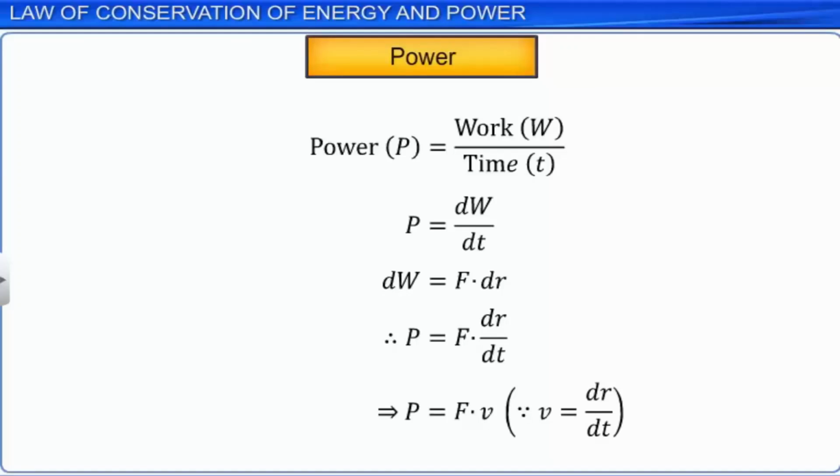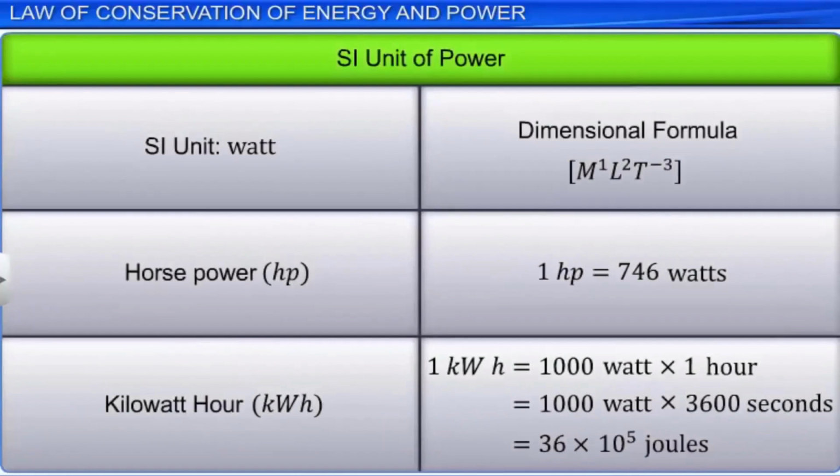Power is a scalar quantity and its SI unit is watt, and its dimensional formula is M¹ L² T⁻³.